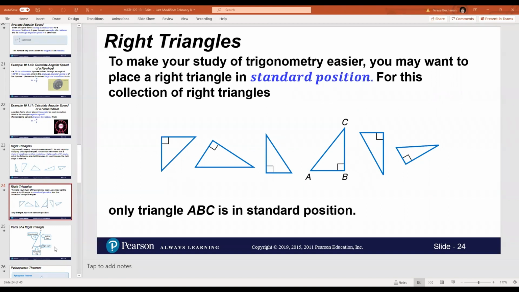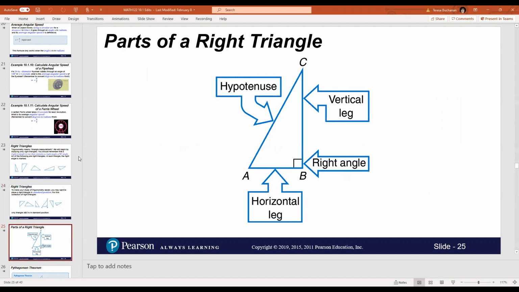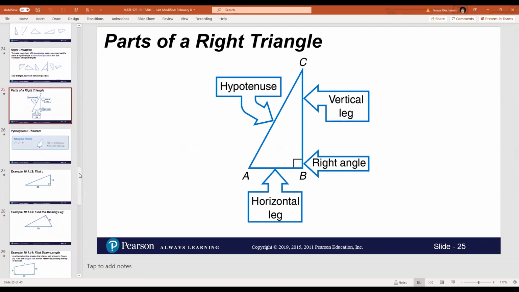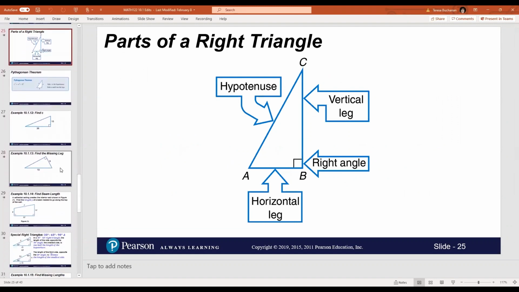Okay. And parts of a right triangle. A right triangle has special names for different segments of it. The two sides that are adjacent to that right angle, we call the legs. And the longest side here, we call the hypotenuse.